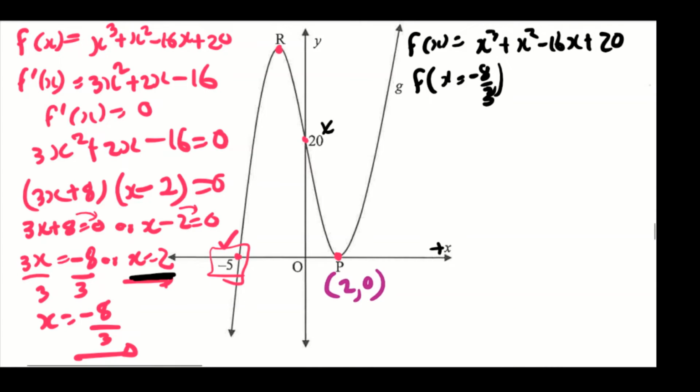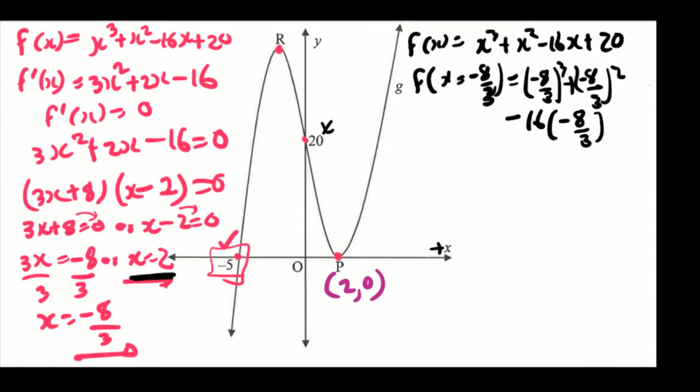It's just substituting this one here, which is minus 8 over 3 cubed plus minus 8 over 3 squared minus 16 into minus 8 over 3 plus 20. So you punch the entire thing in your calculator.